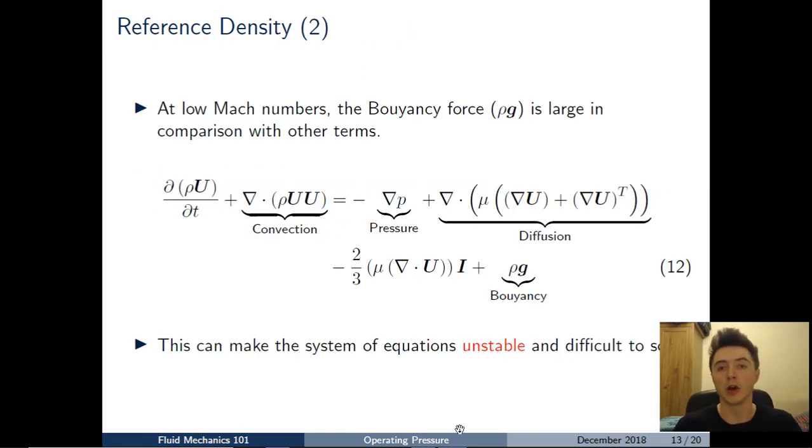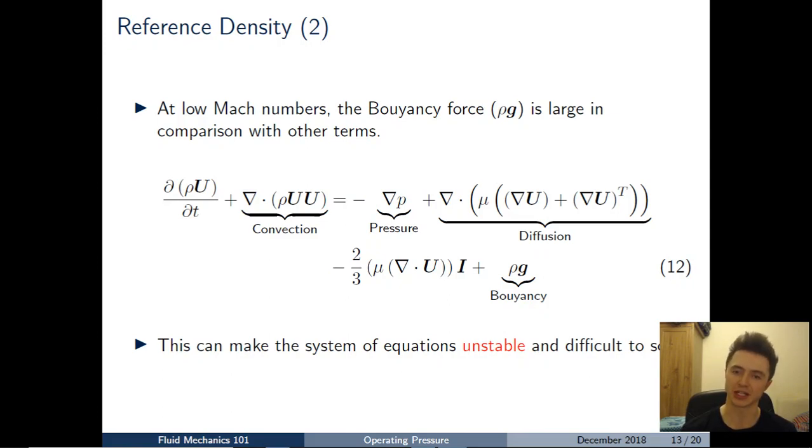So at low Mach number flows, the buoyancy force is large in comparison with the other terms in the Navier-Stokes equation. And what does that mean? Well, if we look at equation 12, the buoyancy term, that rho g, is on the right hand side, and this term is typically larger than the convection term, the pressure gradient and the diffusion terms when the Mach number is low.